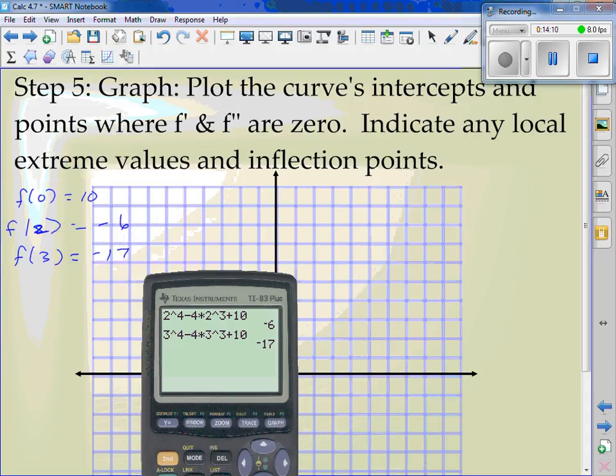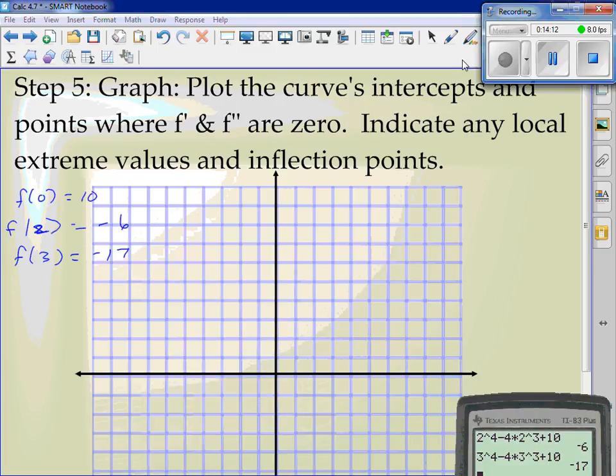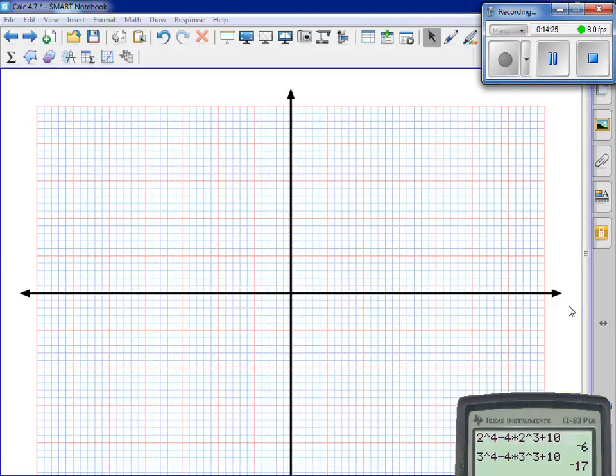Can I have your attention, please? Okay, on your graph paper, make an XY axis, and we're going to graph each one of these points. All right, I'm going to graph all 3 of those points. My first point was 0, 10. 0, 10 is right here. This is an inflection point.